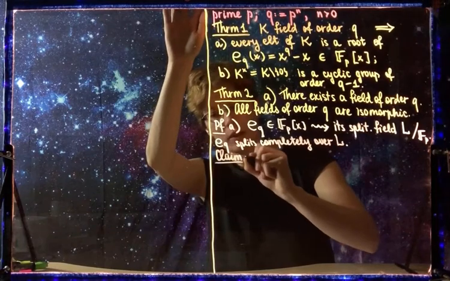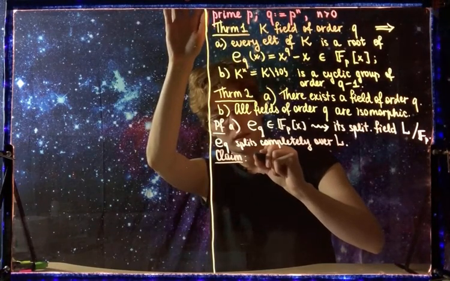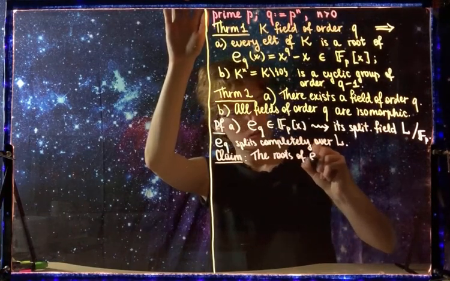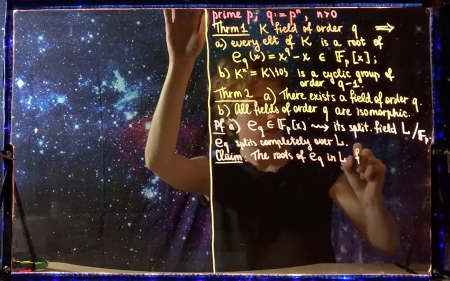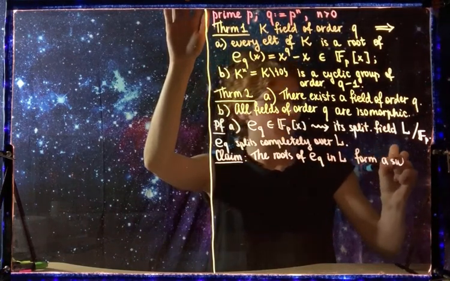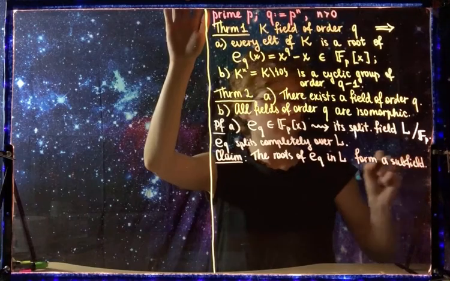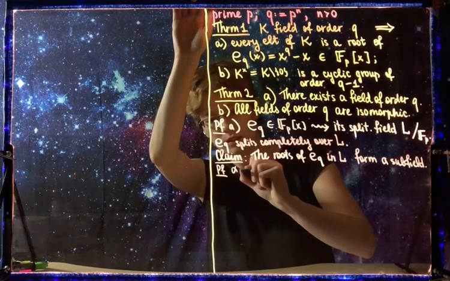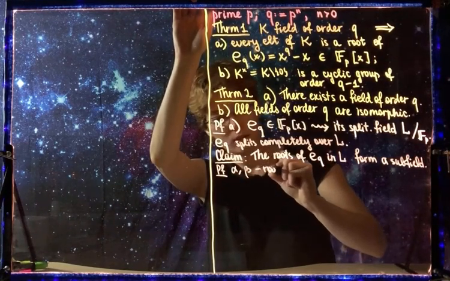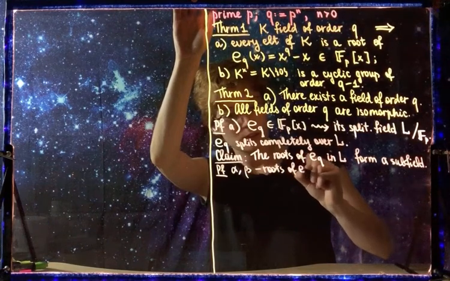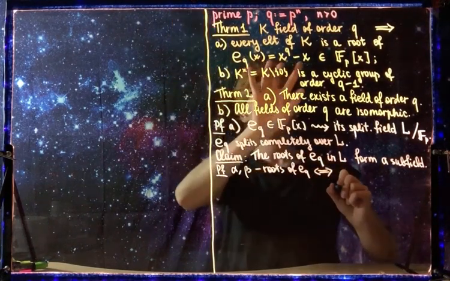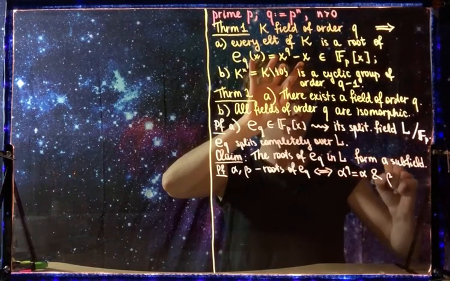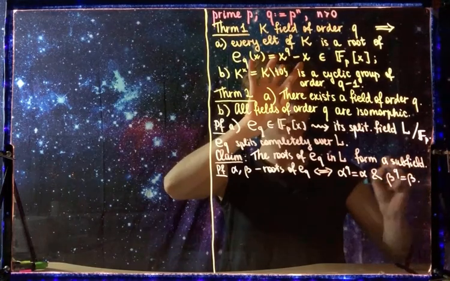I claim that the roots of E sub q in L form a subfield. And for the proof, I take, let's say, alpha and beta, roots of E sub q, which means that alpha to the power q is equal to alpha, and beta to the power q is equal to beta.